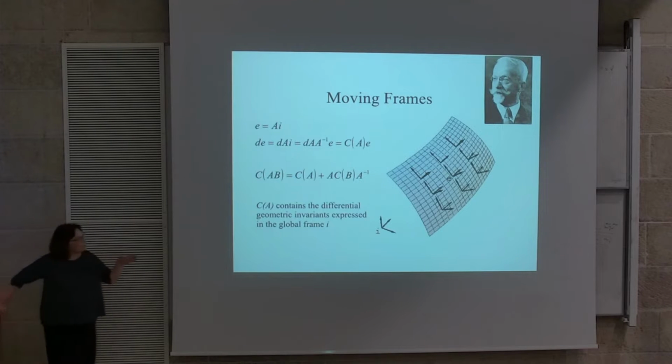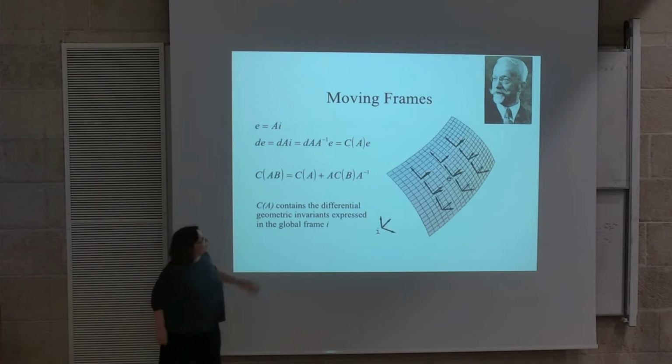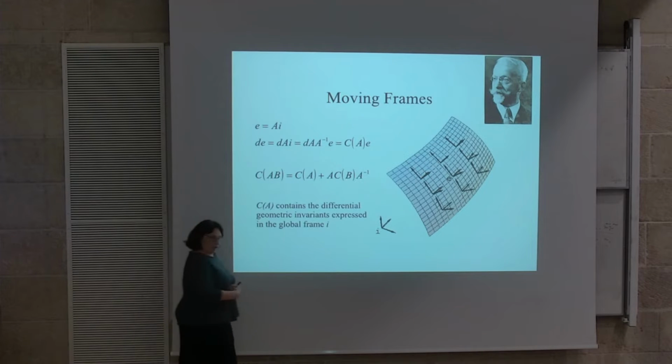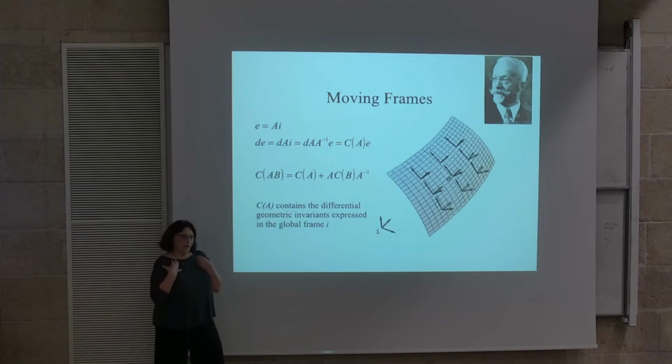Now this led to the use of what we call moving frames. In mathematics and geometry, there's a notion of moving frames that was developed by Eli Cartan. So if I'm moving like a dot in a plane, and I have a coordinate system attached to me, the coordinate system need not be Cartesian.